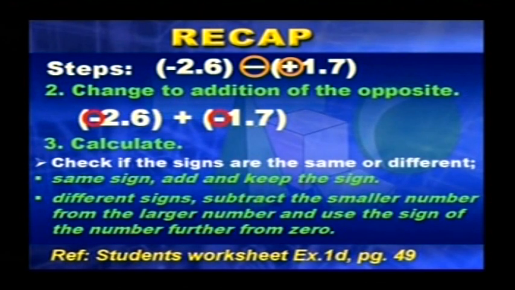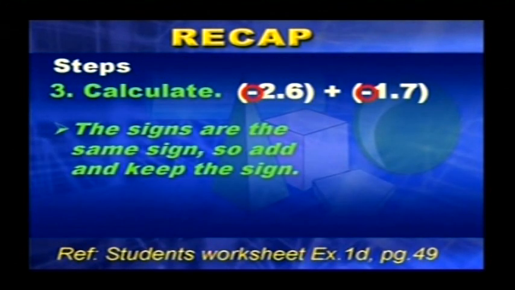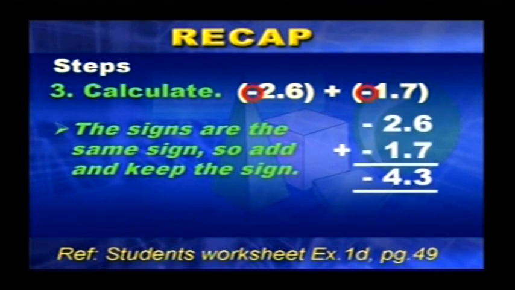Okay, the signs are the same and they are circled with a red color. If the signs are the same, you add straight away and then you keep the sign. So when you are adding, you are doing a long addition, and this is what it should look like. Okay? And after that, you should get your answer.